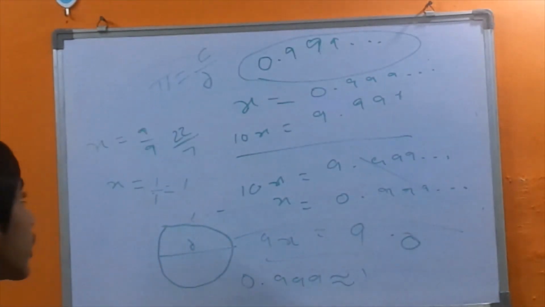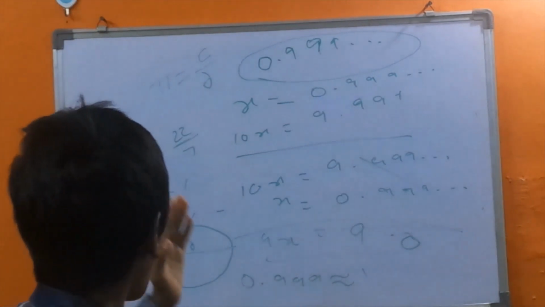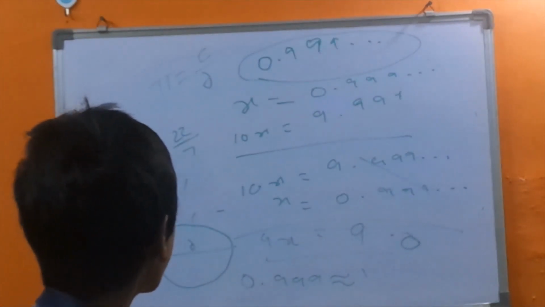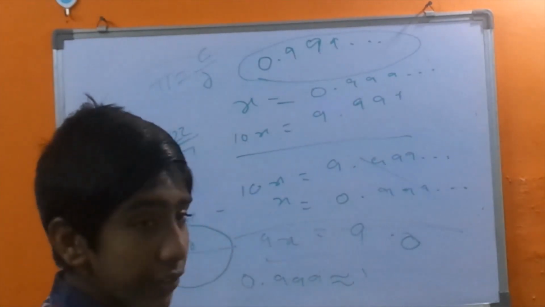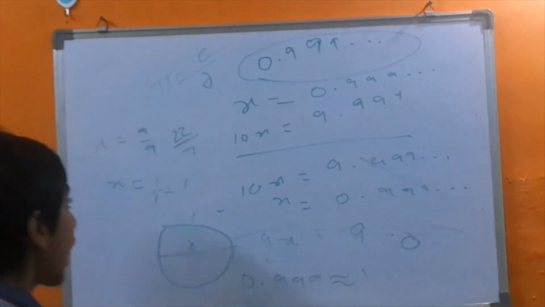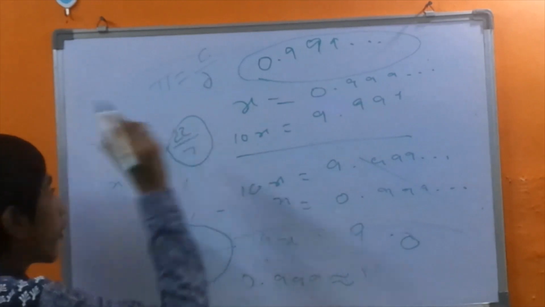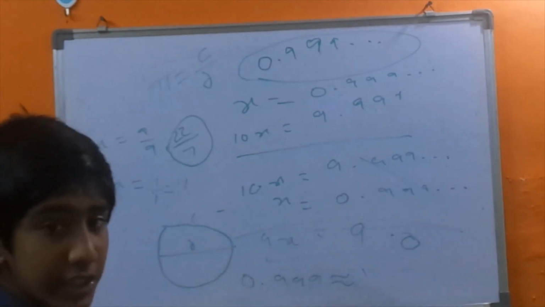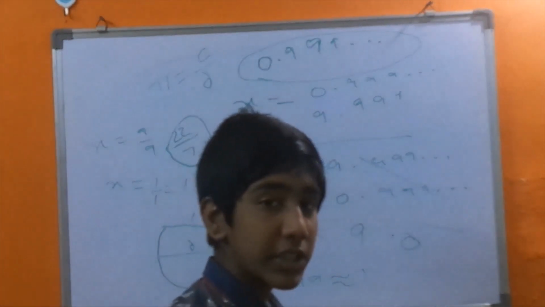So for our convenience, we use 22 by 7 as the value of pi, but it is a very approximate value of pi. It was first approximated by Archimedes.